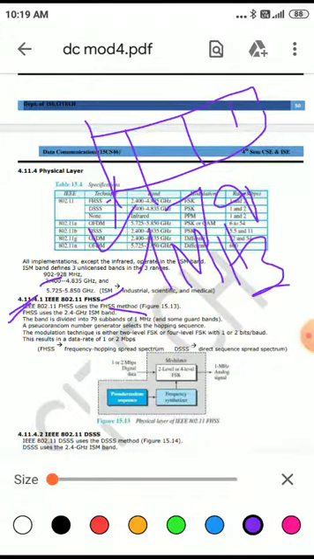Next, a pseudorandom number generator selects the hopping sequence. Here the pseudorandom number generator selects the hopping sequence.